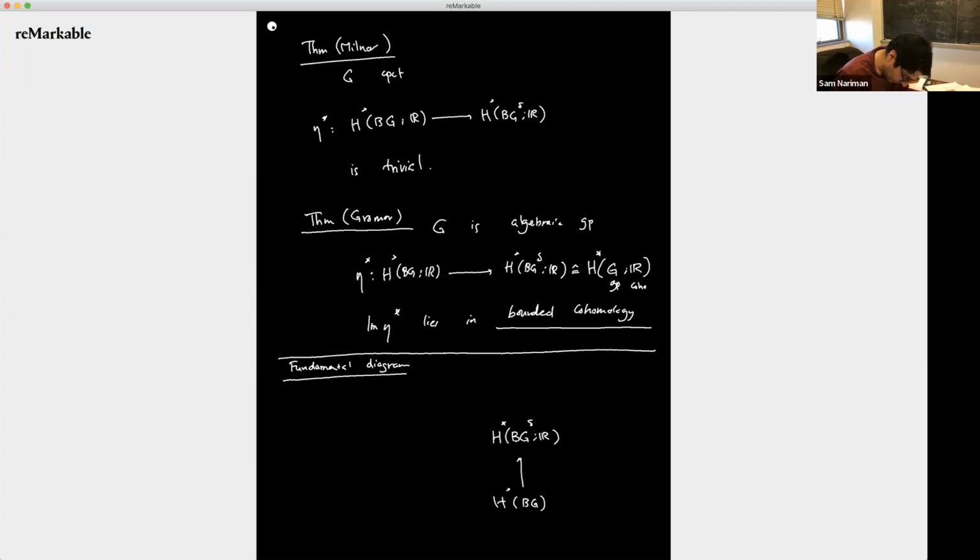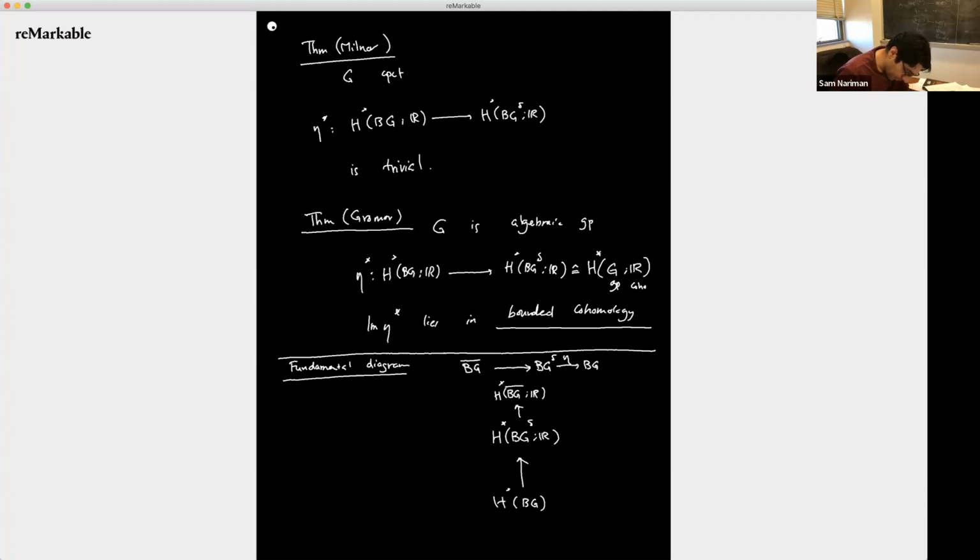So there's a map like this. And remember, we had this map eta from BG delta to BG. Let me call the fiber of this map BG bar. So we have this fibration, and then you can further go to the cohomology of BG bar, again with real coefficients.